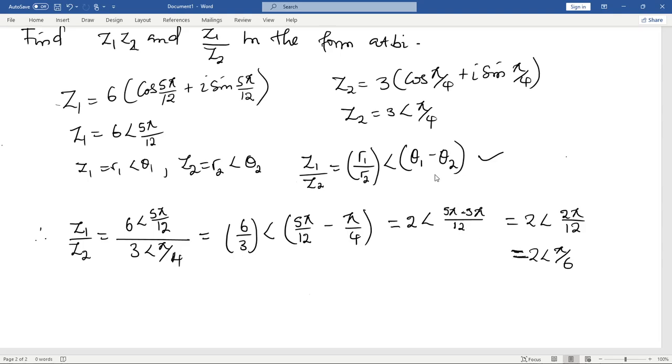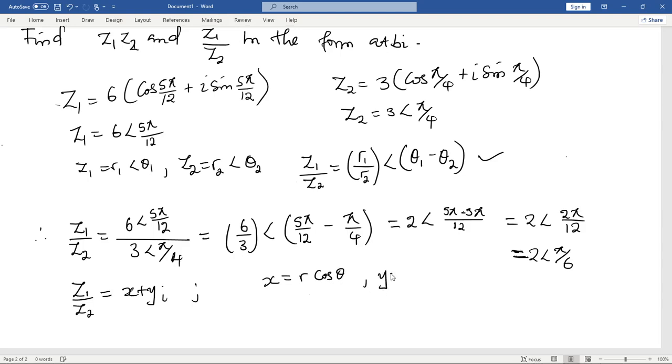Now remember, we need our final answer to be in the form of a plus bi, which is the rectangular form here. So here we know that our final answer Z1 divided by Z2 should be equal to, let's say, x plus yi like this. Now, the value of x here is simply equal to r cos theta.